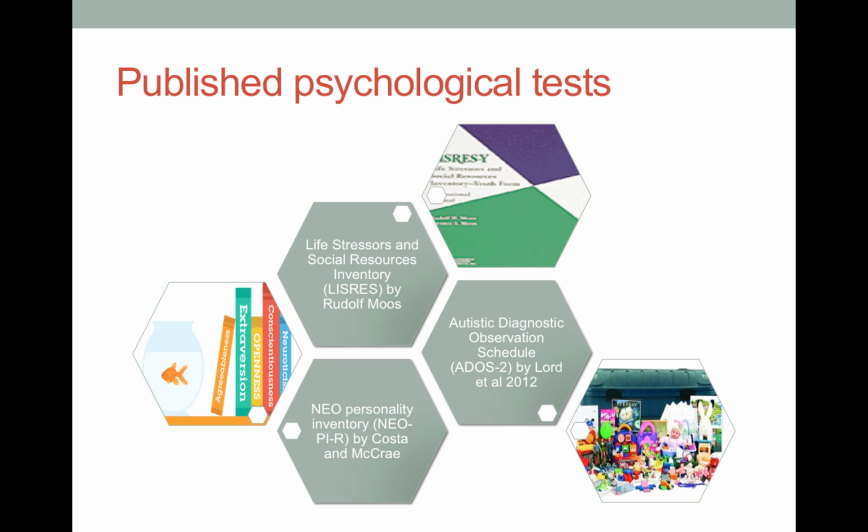There are two different versions of the test, one for adults aged over 18 years, called the LISRES-A, and one for young people aged 12 to 18 years, called the LISRES-Y. It can be administered and scored by those with no formal training in clinical or counselling psychology.